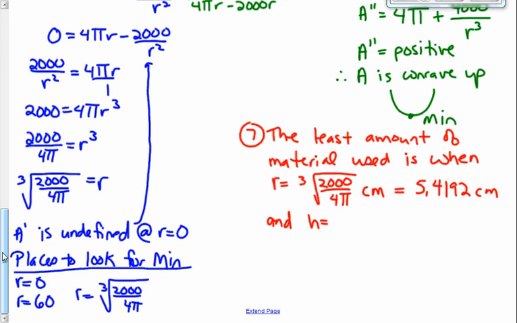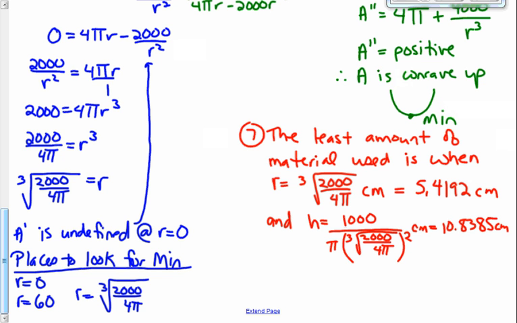So that's going to be 1,000 over pi times the cubed root of 2,000 divided by 4 pi, squared. And I did calculate that on my calculator. I got 10.8385 centimeters.